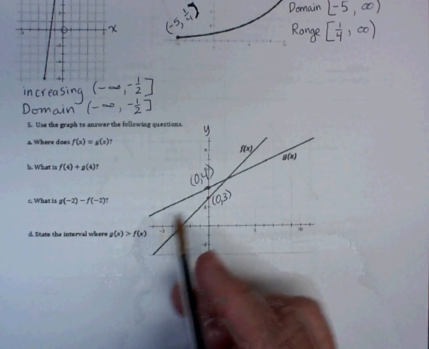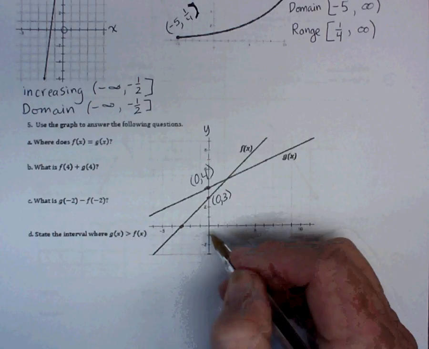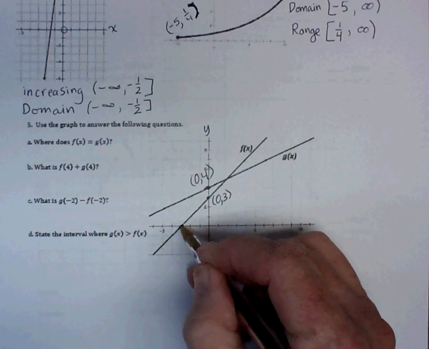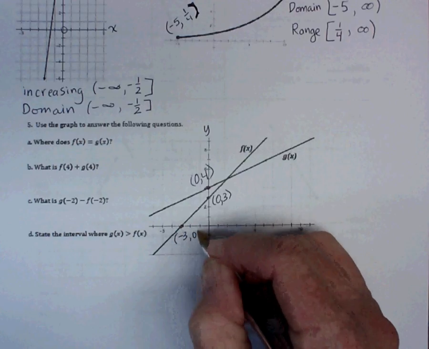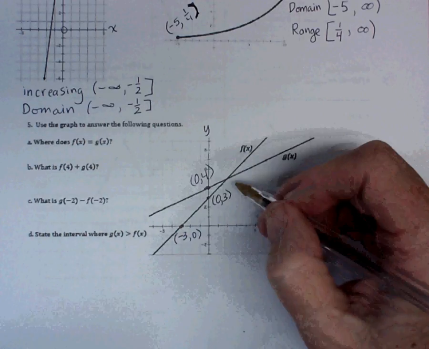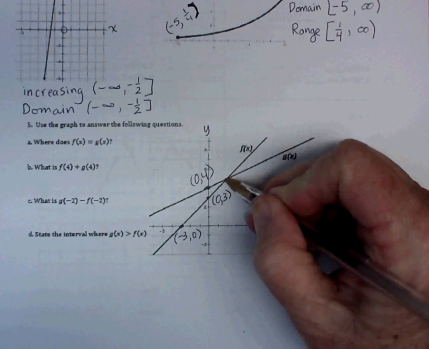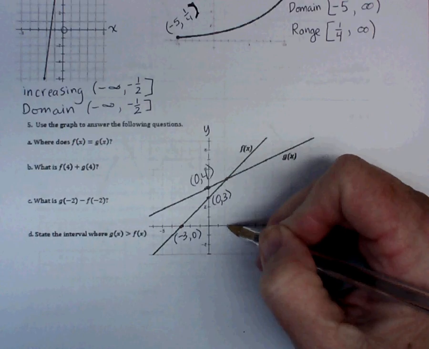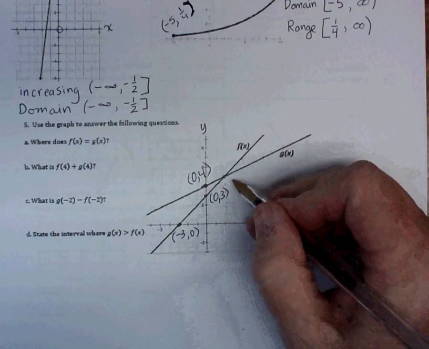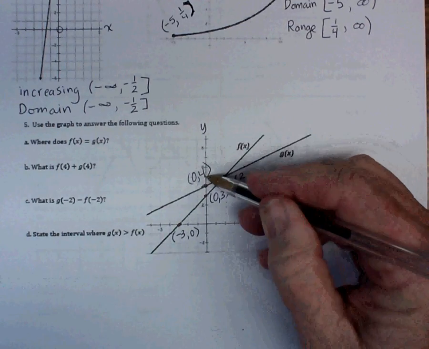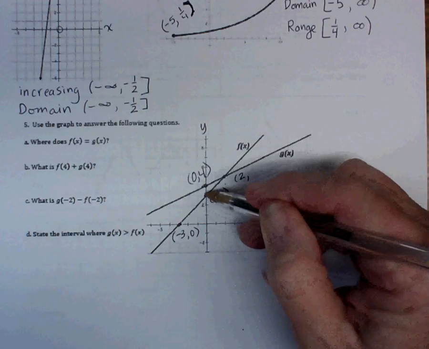X-intercept, I don't have one here, but I have one here, and that's 1, 2, 3, 4, 5. Yeah, that's negative 3. And where do they intersect? Right here. I think it's 2, and 1, 2, 3, 4, 5.